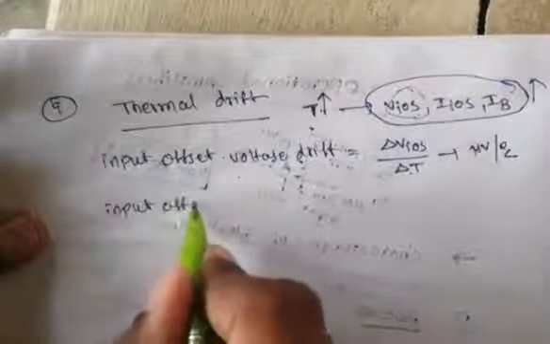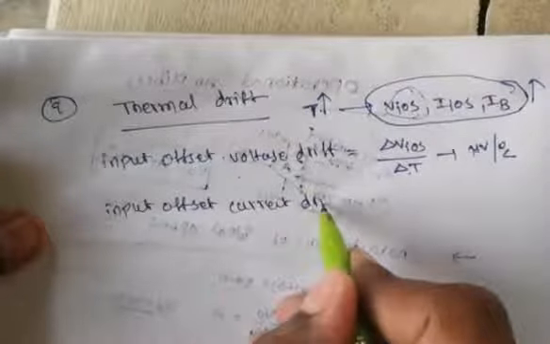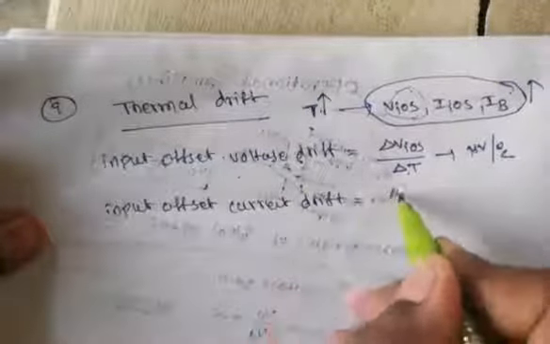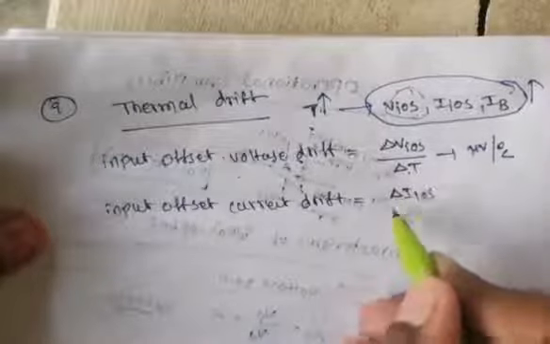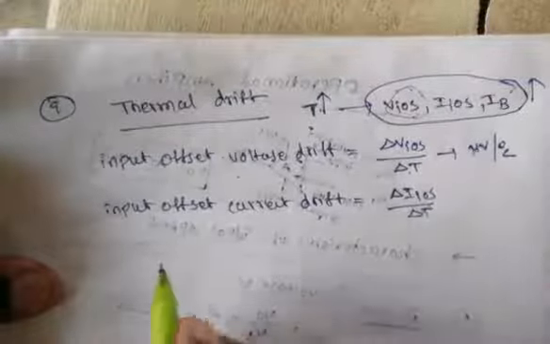Now coming to input offset current drift: that is nothing but the change in I_IOS due to the temperature.